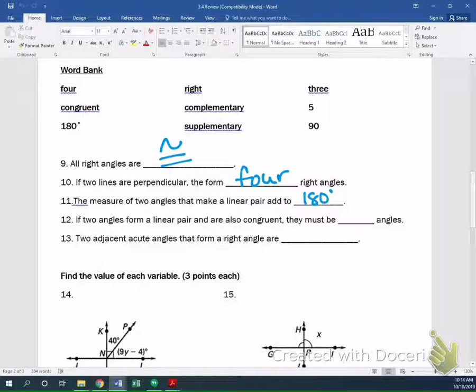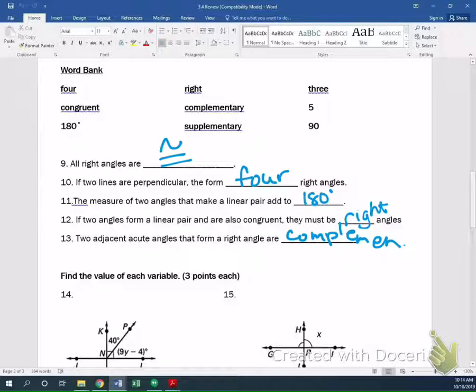Good. If two angles form a linear pair and are also congruent, they must be what type of angles? Right angles. Good. And two adjacent acute angles that form a right angle are complementary. Good.